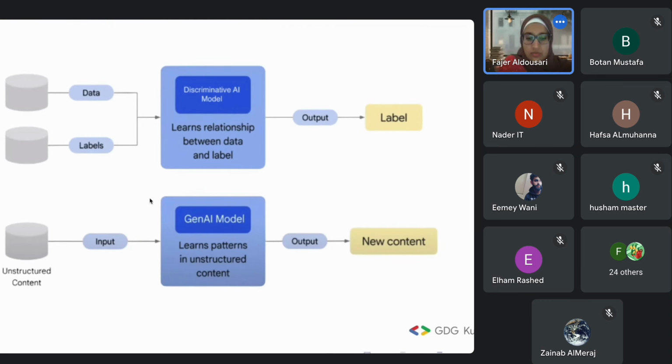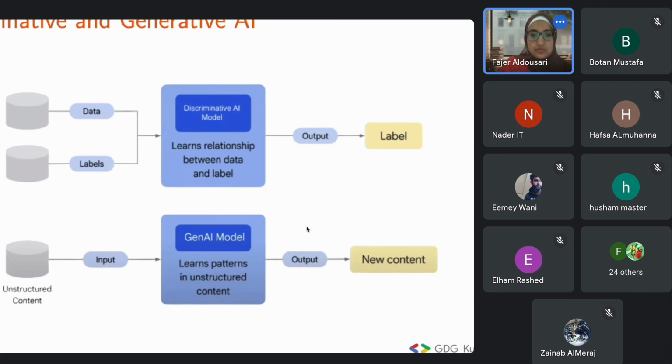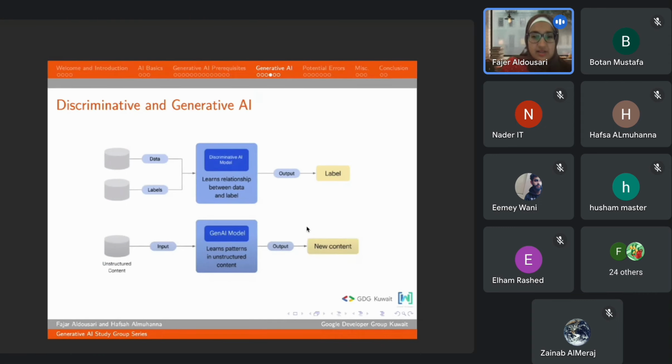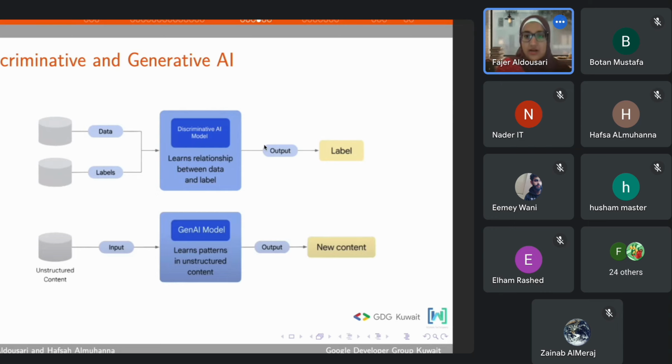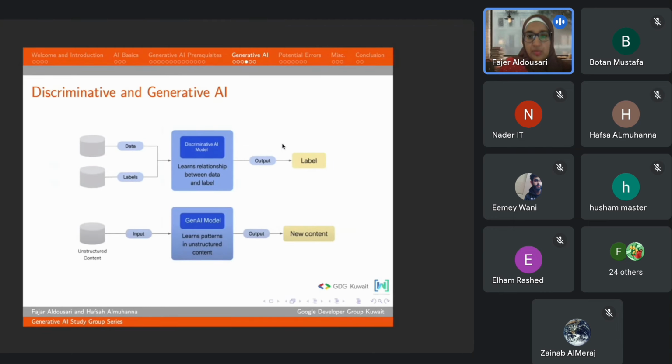As opposed to a discriminative AI model, which in this case is supervised learning because you have data and labels. It learns the relationship between data and labels, and the output is the label. Going back to the Van Gogh painting, those were the labels, and it just outputs the label.